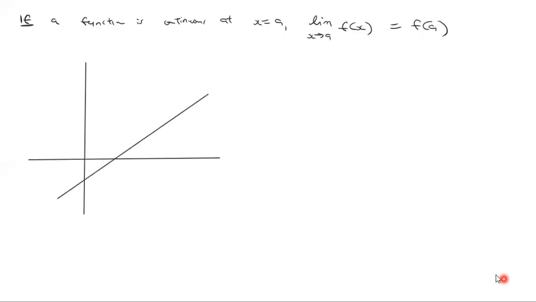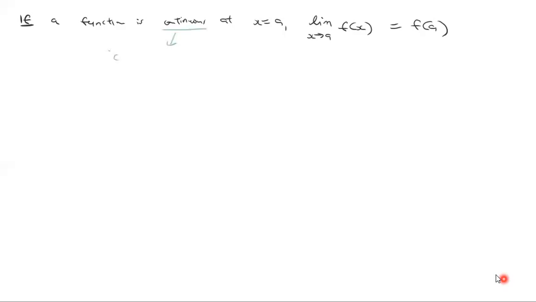There's a formal definition of continuous, but informally, think of it as you can draw the function without lifting off your pen. There is a formal definition, but you might not worry about it.